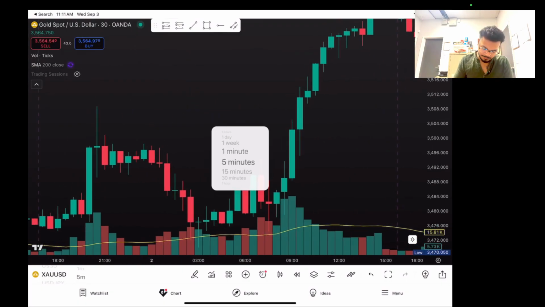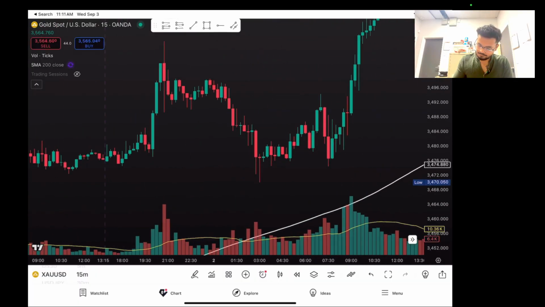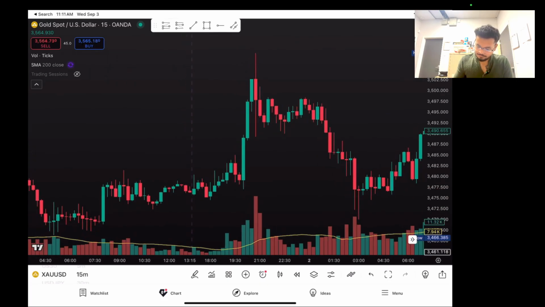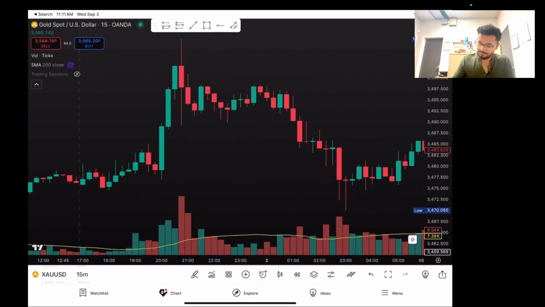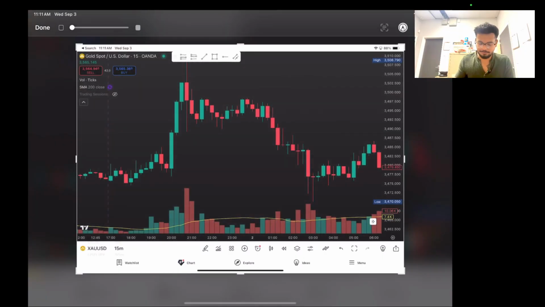Let's go to 15-minute. Same idea. Okay, let's screenshot this. So this is the same price action from the 30-minute time frame, just on the 15-minute one now.